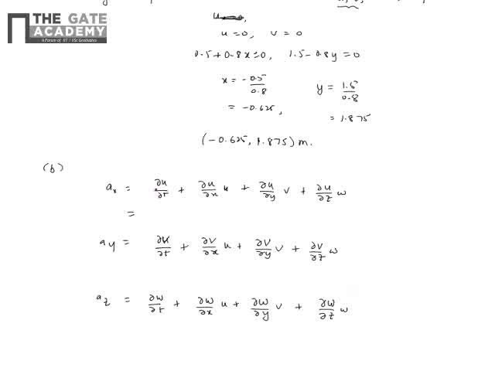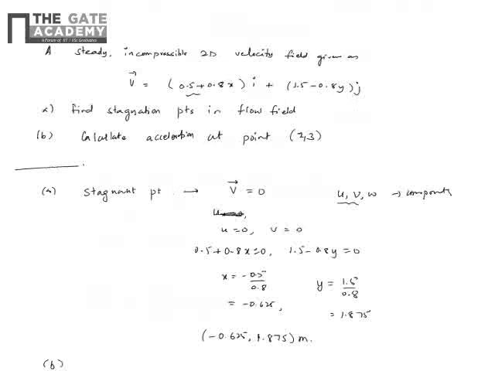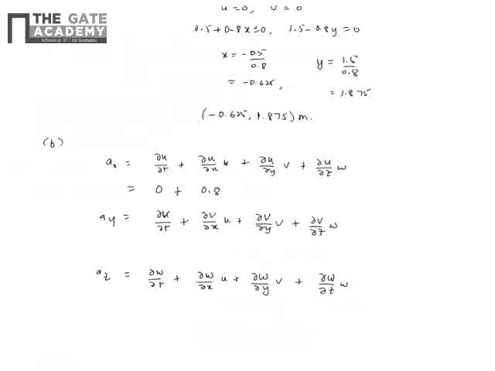Okay, dou u by dou t: the time dependent terms are not there, it's a steady flow. Dou u by dou x is basically, if I differentiate this u component with respect to x, I get 0.8, and u is 0.5 plus 0.8x. Dou u by dou y is 0, you don't have y terms, and v is the same thing. I don't have w here, w is 0.